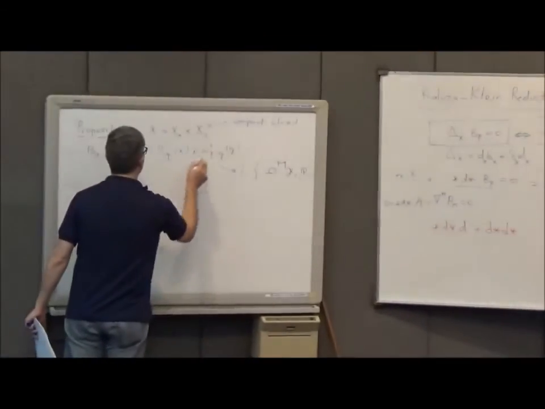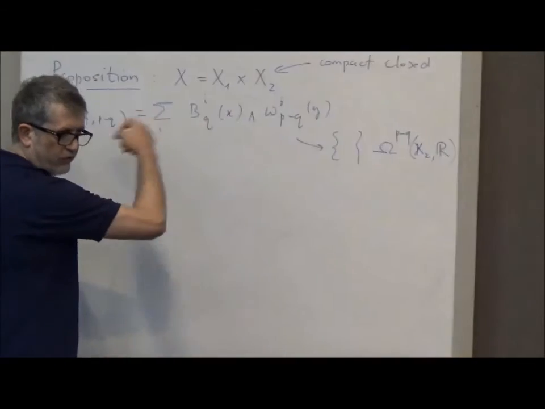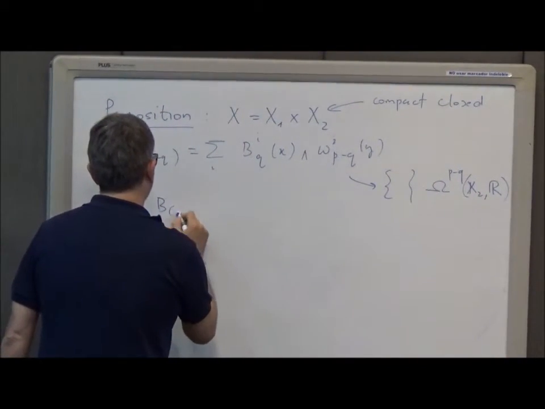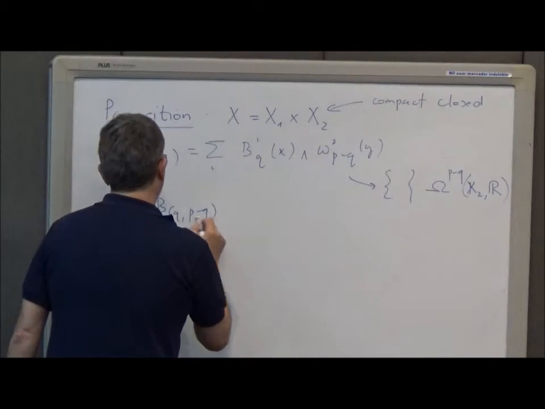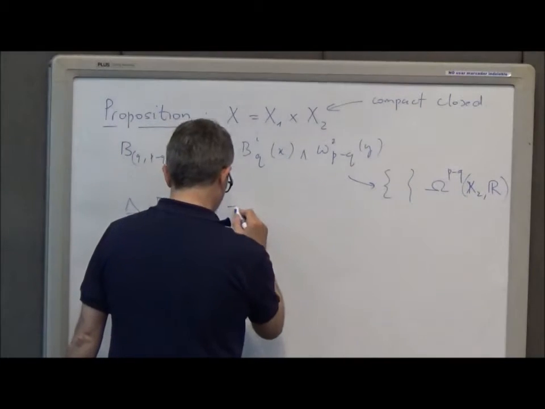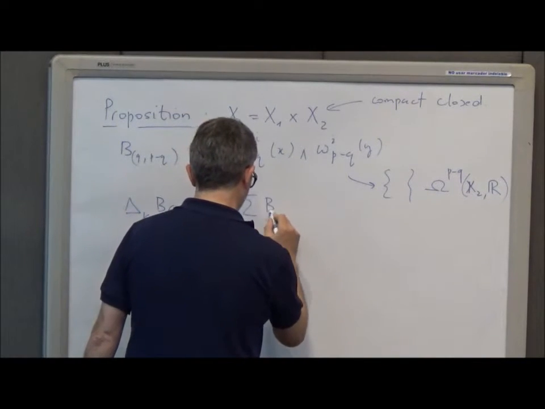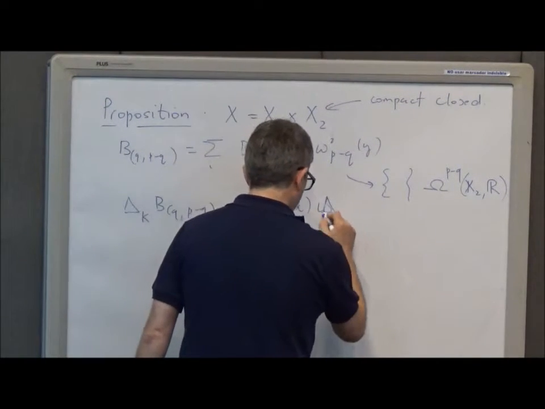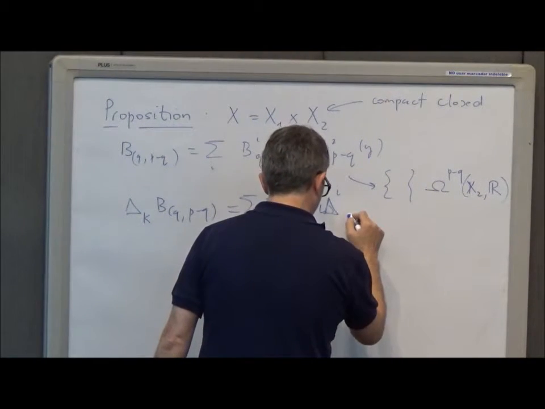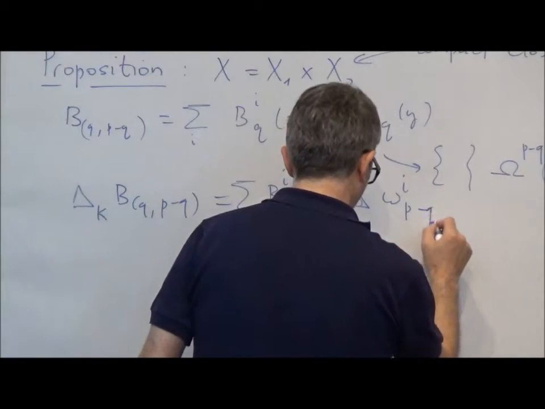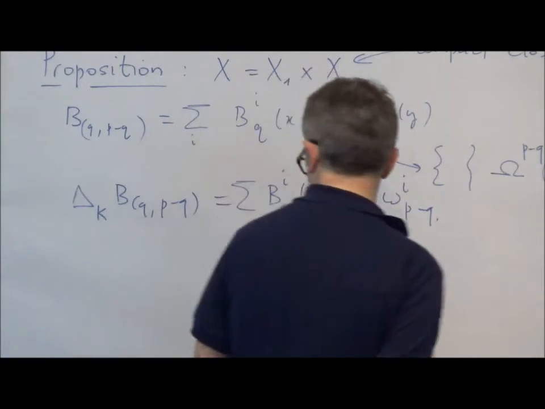Essentially what that means is, because we can decompose all the forms in this way, if we just worry about what happens for this, then this is just the sum over I of the Laplacian on the omega^(P-Q) forms of K. It's the Laplacian of K.